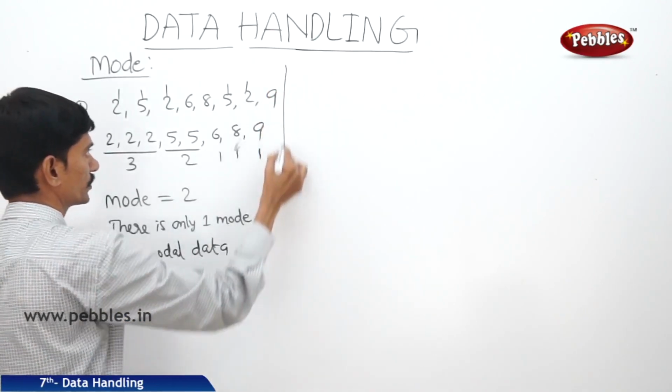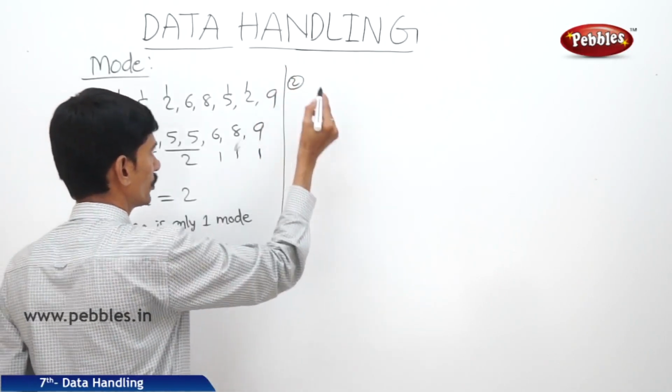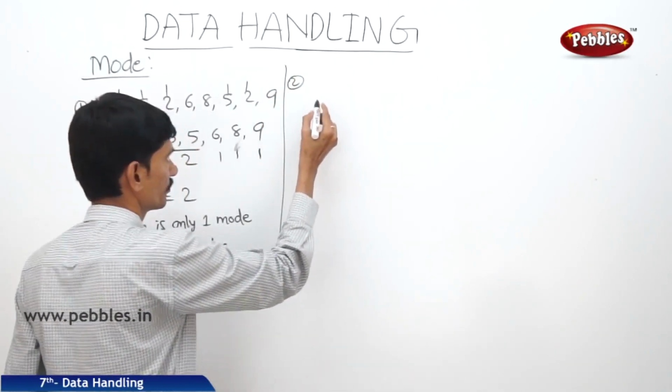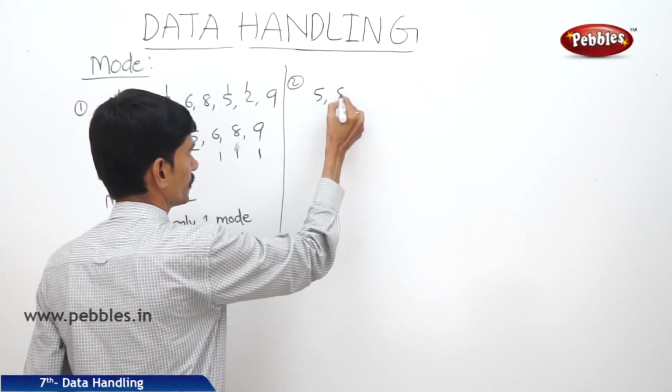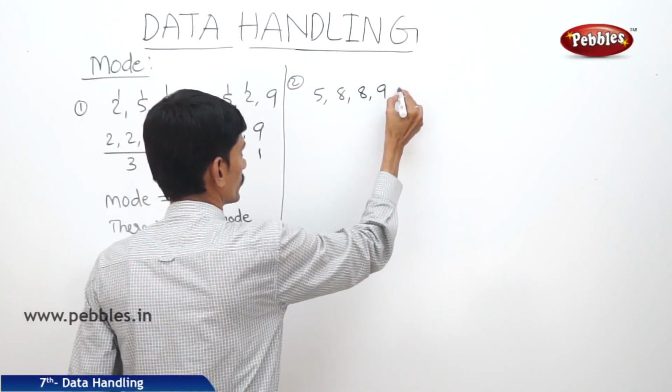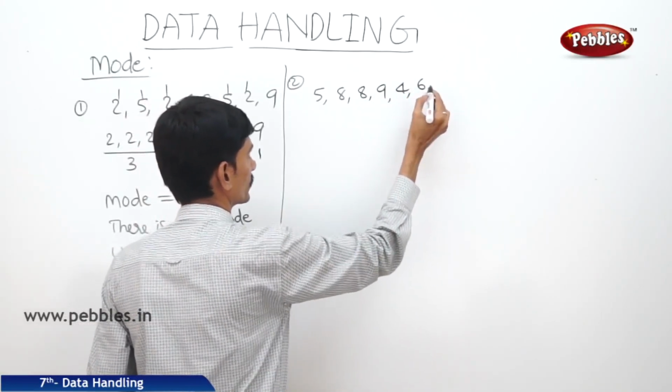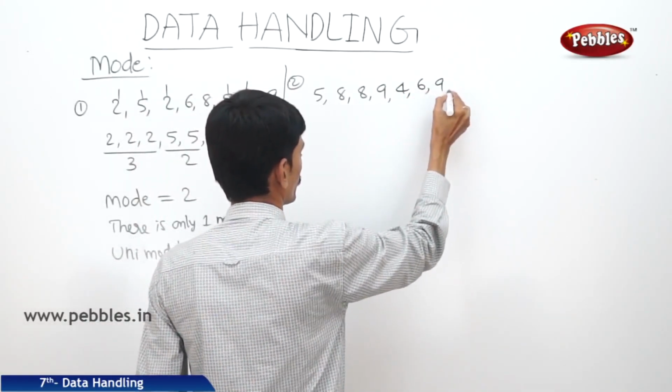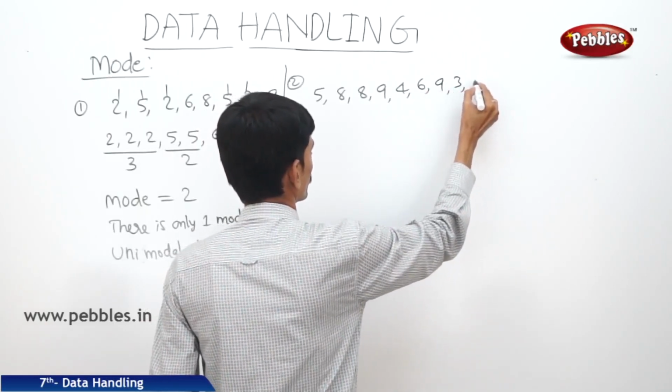Now let us take the next question. Find the mode of the observations 5, 8, 8, 9, 4, 6, 9, 3, 10.